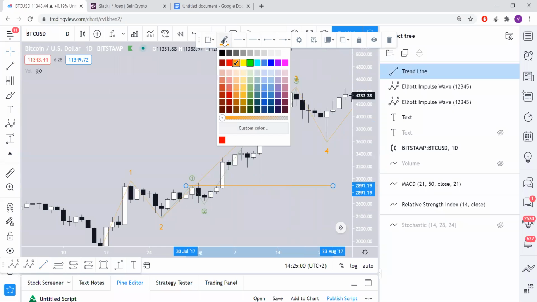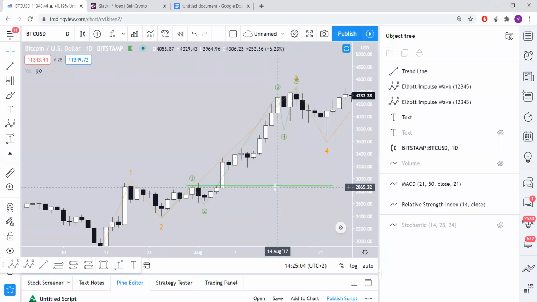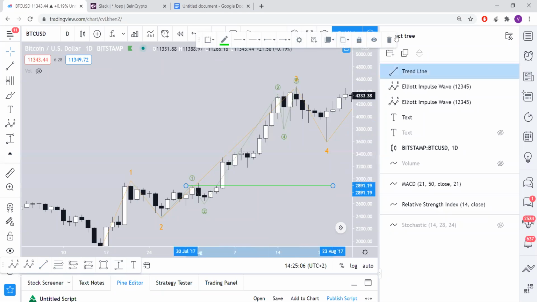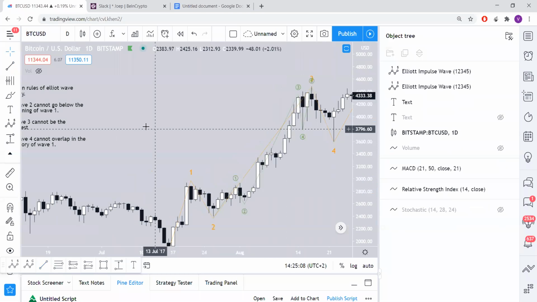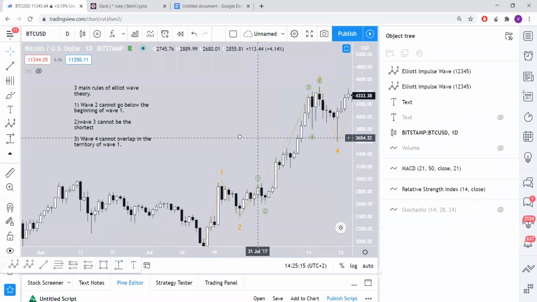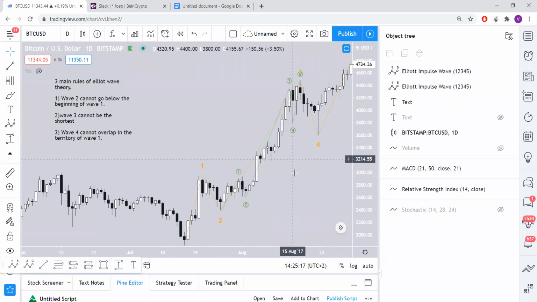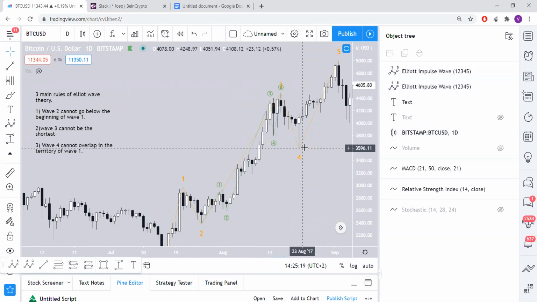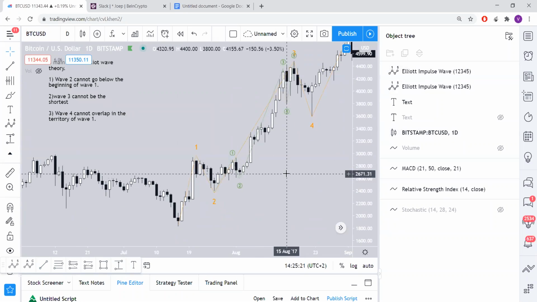Now, whenever I use stop losses based on Elliott wave theory, I like to use the first rule more than the third one, because wave 4s are often very shallow, so here and here, while wave 2s aren't.